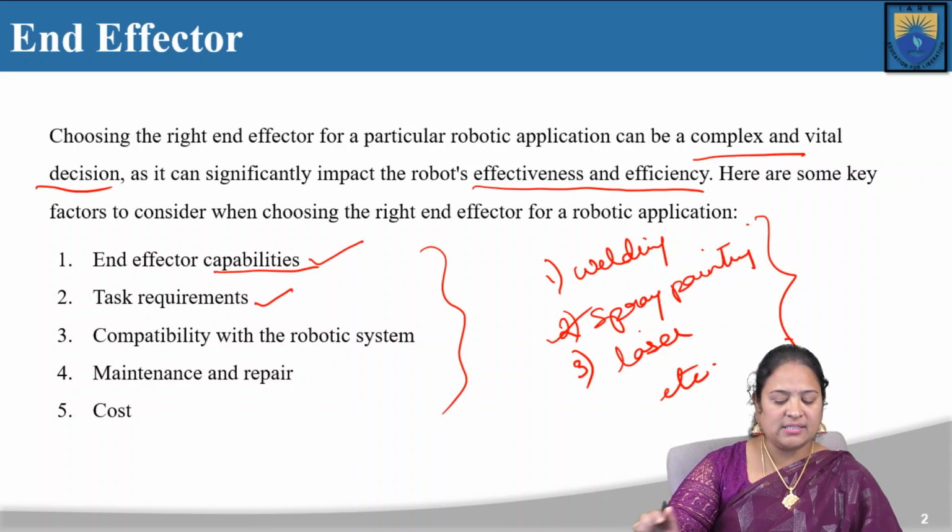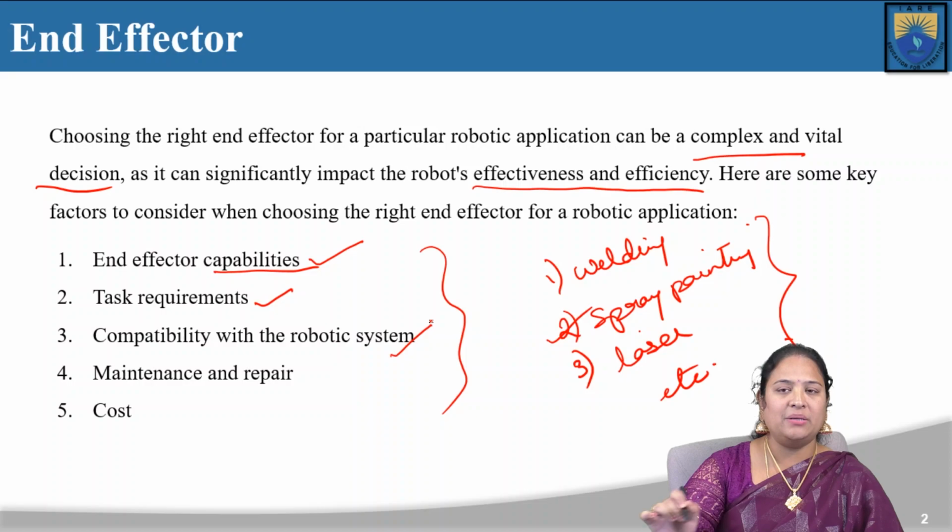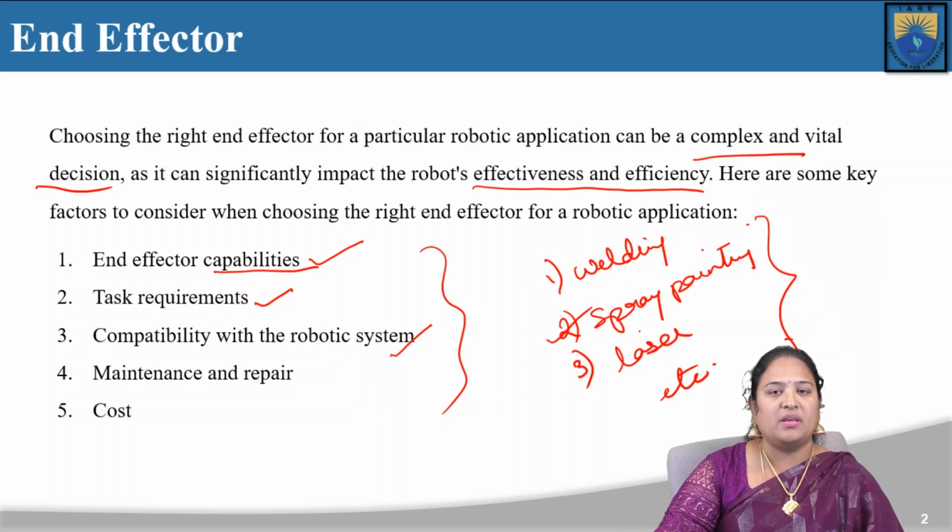Clear? Next, the third one is the compatibility with the robotic system. That is, the robot, whatever we are selecting, it should be compatible to the environment, right? The selection of the robots and effector should be done based upon the compatibility of the robot system. That is, it should be able to work in both the constraints. For example, we have a marine industry.